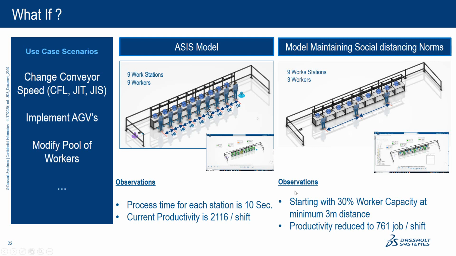So it's almost only 30% of the initial as-is model. Before you implement such social distancing, you can see the impact that it will have on your productivity.